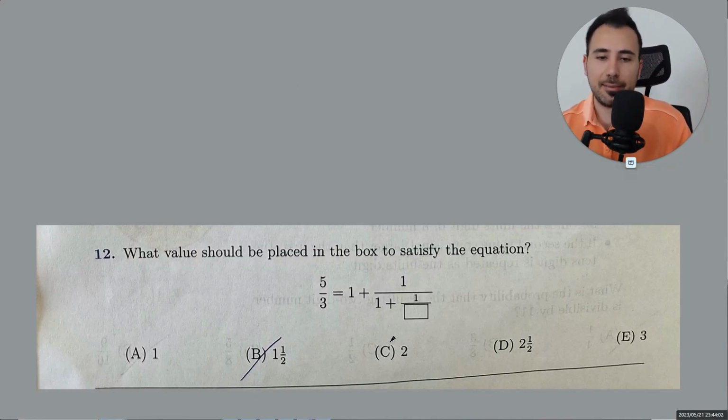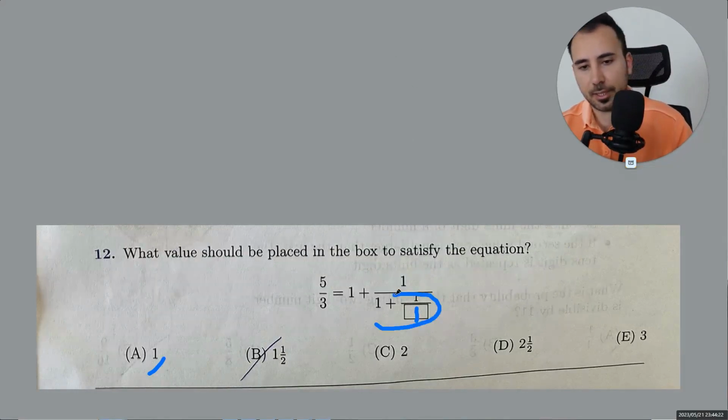By the way, I think for these types of question, instead of solving it, the best option is just trial and error. So for example, is it 1? If this is 1, let's assume it's 1. This whole thing will be 1. Okay? So that means this thing will be 2.